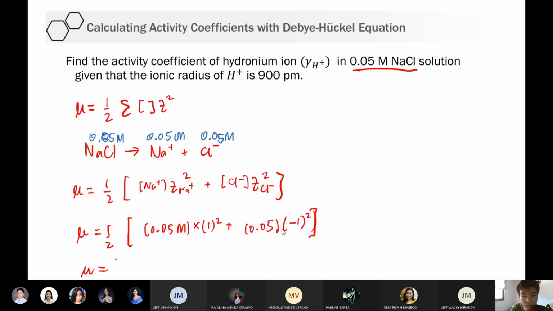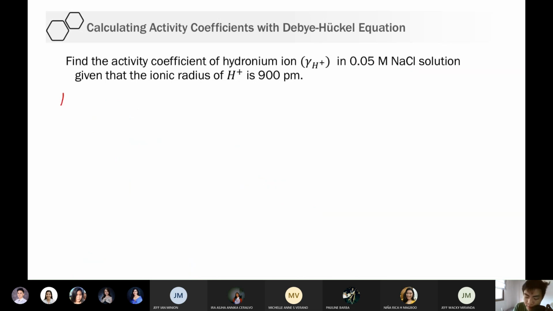So 1 times 0.05 is 0.05, and 1 squared times 0.05 is also 0.05. You add the two 0.05, you will get 0.1. You divide it by 2, you go back again to 0.05. So this is the ionic strength of our solution, 0.05 molar.